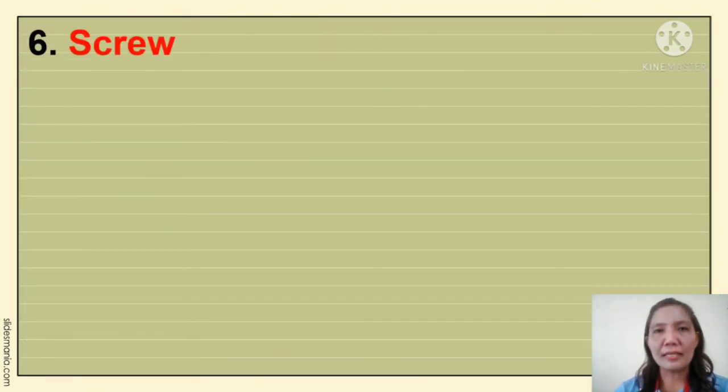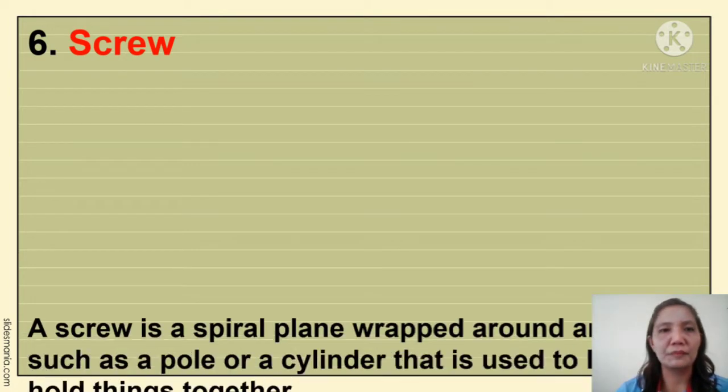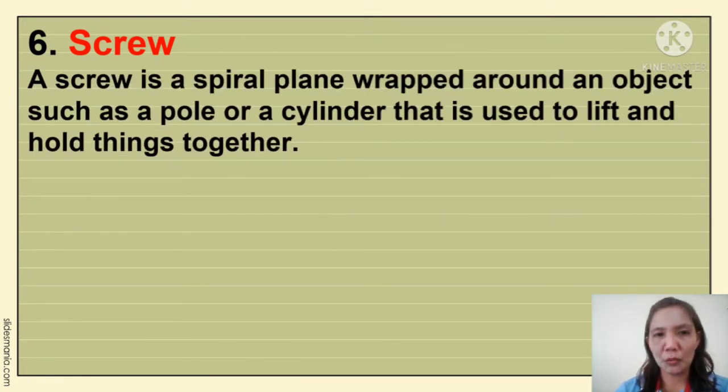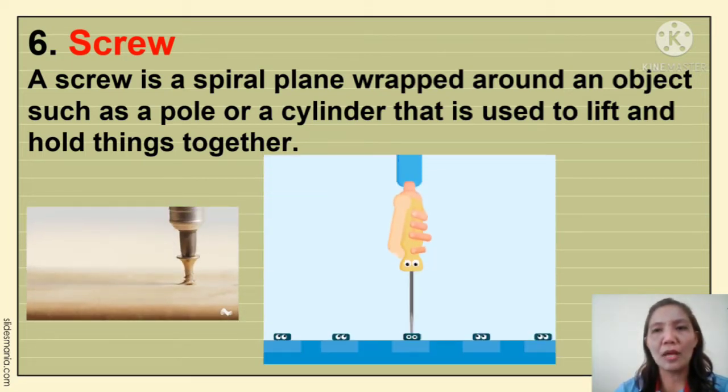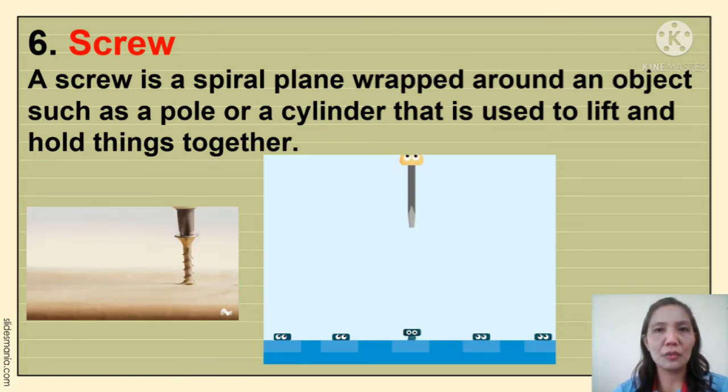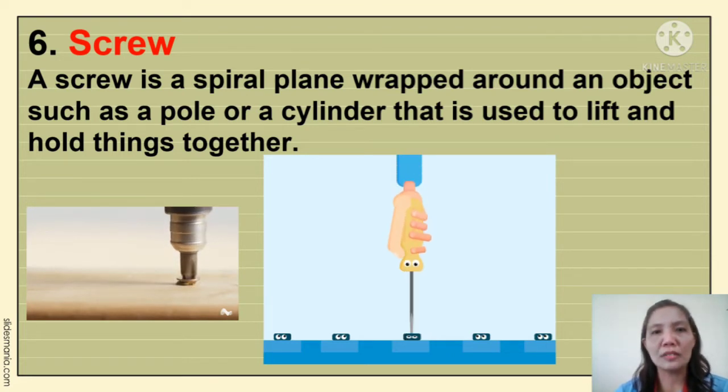And the last kind of simple machine is screw. A screw is a spiral plane wrapped around an object, such as a pole or a cylinder that is used to lift and hold things together.